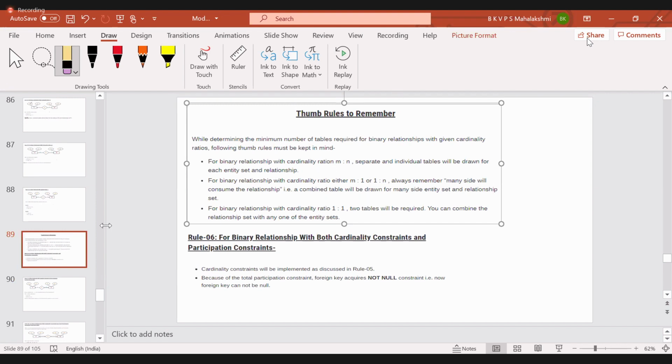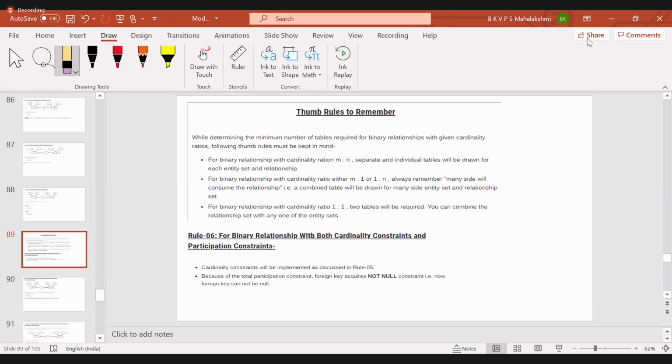These are the rules in the last 4 slides. This is the theory part of all the 4 cardinality ratios. Anyhow, I have explained with the diagrammatic part. You just go through this once.